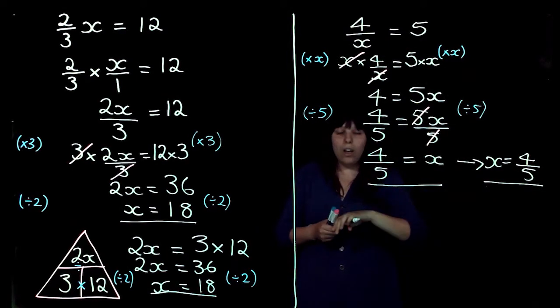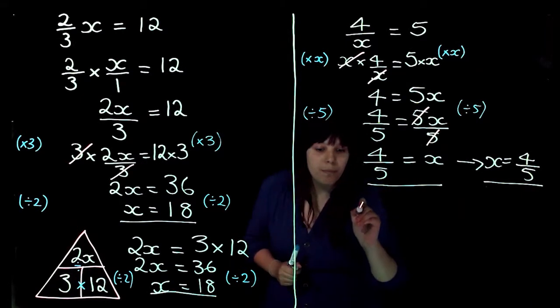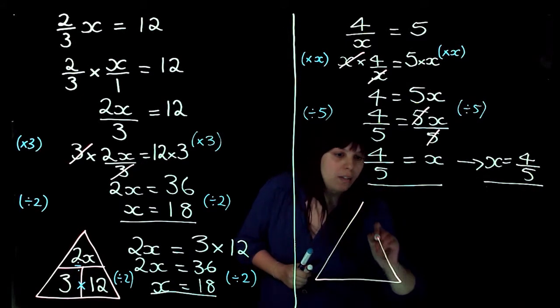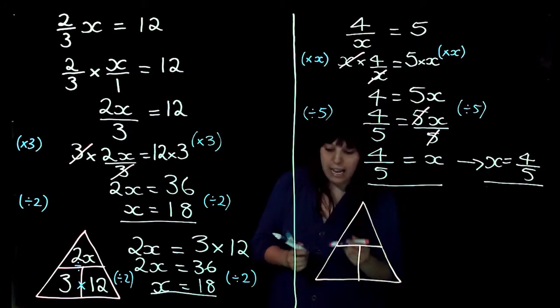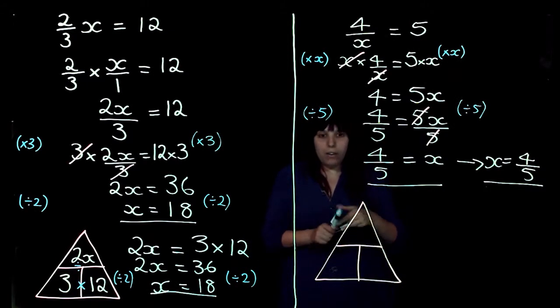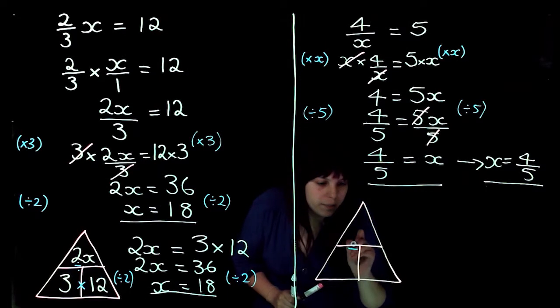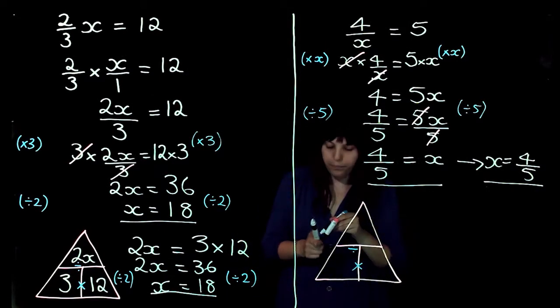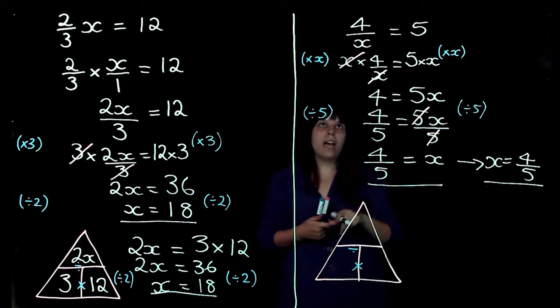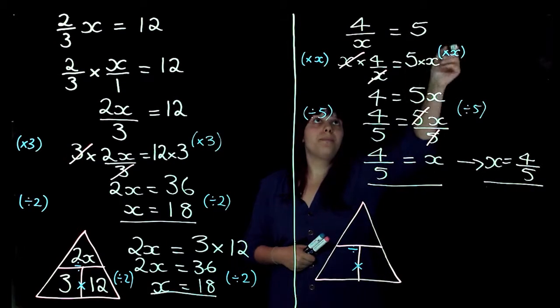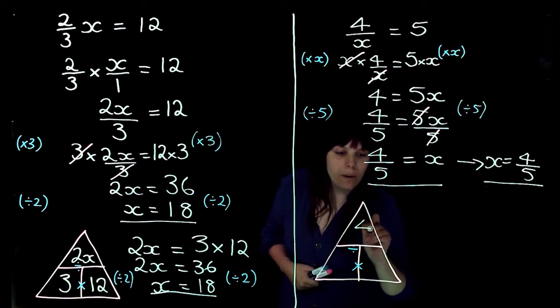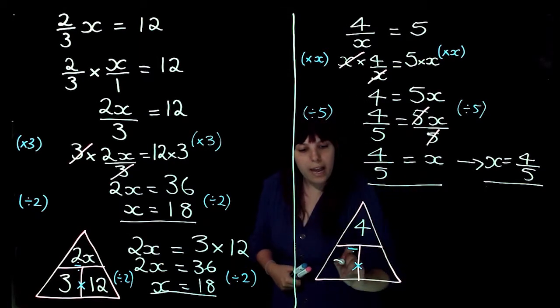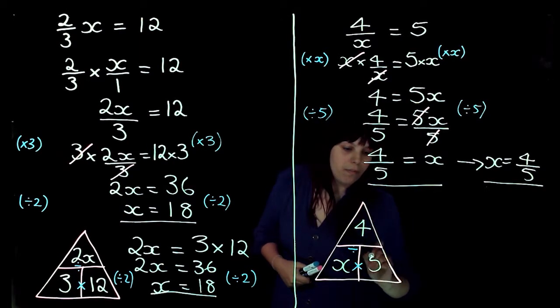Now again, I can put this into the rearranging triangle. And this is where the rearranging triangle really helps make it clear and quick. So again, I've got that line being the divide and that one being the times. So now if I look at my equation, I can see that the number on the top is going to be a 4, and it's 4 divided by x equals 5.